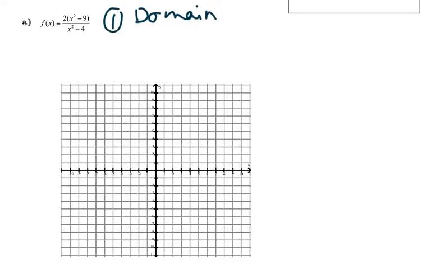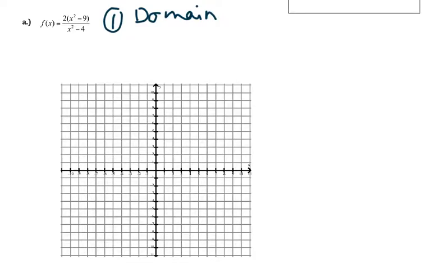Okay. For the domain, we talk about where the function is and whether there is any restriction, so we look at the x values. What values can x not be, or from what point to what point? To check for the restriction, in this case I see a fraction, so I'm checking the denominator to see if there is any problem.